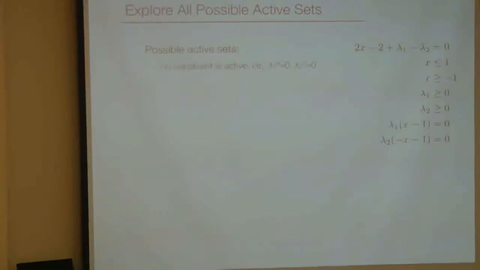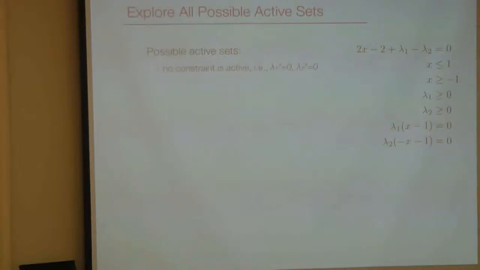So we have this first possible combination of active constraints. Which other possible combination do we have? Well, we can assume that this constraint is active. Since the constraint is assumed to be active, that means one possible candidate for the optimal solution is this one. We can also assume that this constraint is active, which would imply that this is the optimal point. And do we have anything else?